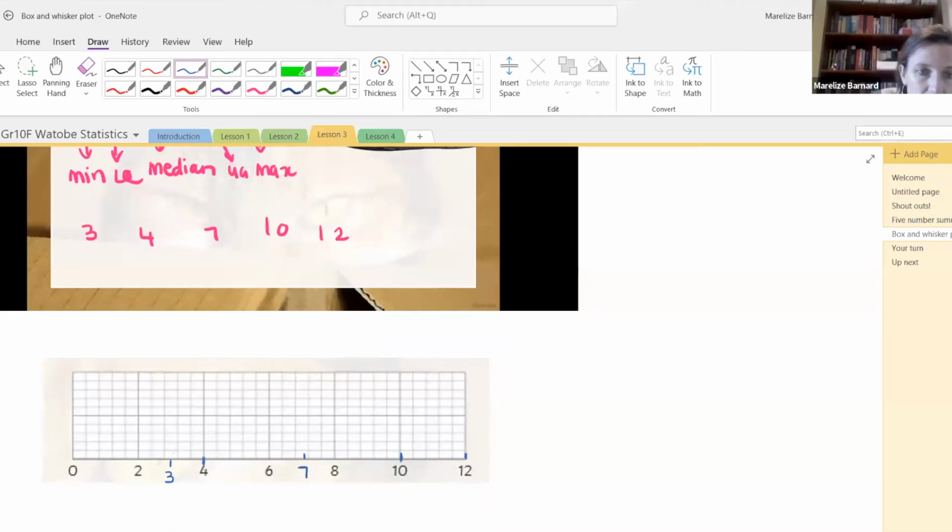Now above the 3, draw a line, a vertical line, like so. And then you draw another line, vertical line, with the 4, and another one at the 7, and another one with the 10.